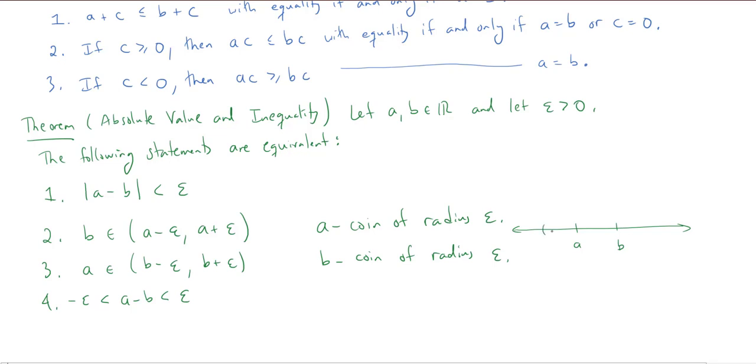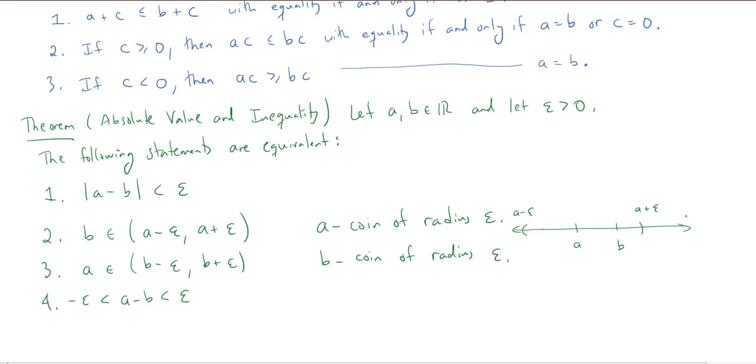Now I can put an A minus epsilon and an A plus epsilon. Well, maybe I didn't make this far enough away because I want the B to be inside there. So if A and B are within epsilon of each other, maybe epsilon needs to be over here. So there could be A plus epsilon, and now maybe over here will be A minus epsilon. And so you can see B lies in the A coin.